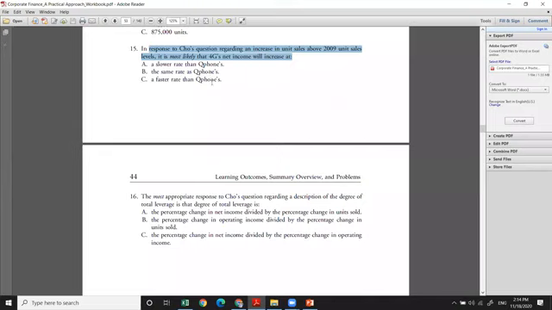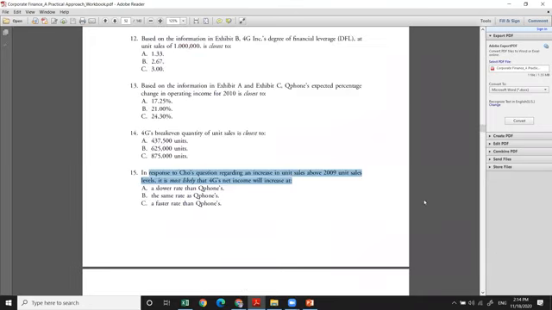So first of all, we need to calculate degree of total leverage, which is Q times price minus variable cost over Q times price minus variable cost minus fixed cost. It's the same formula that we had here.